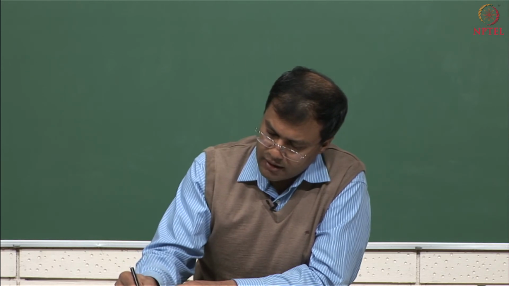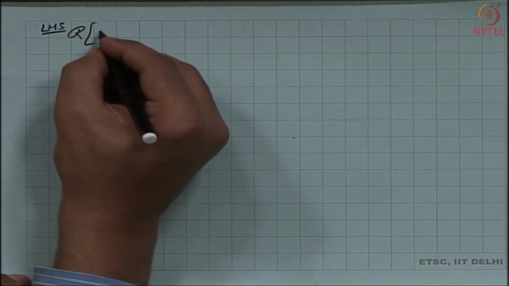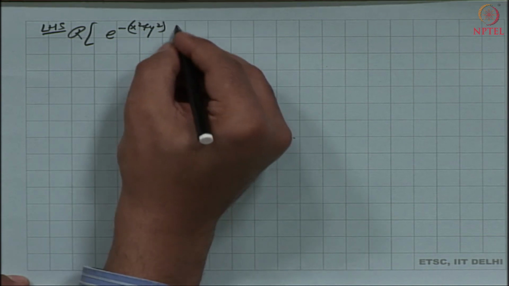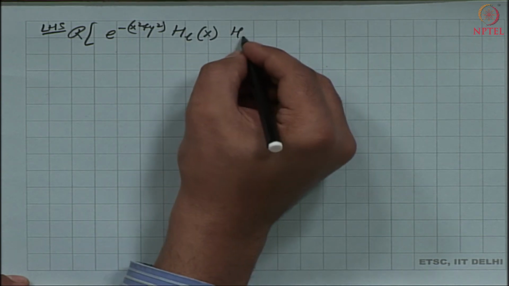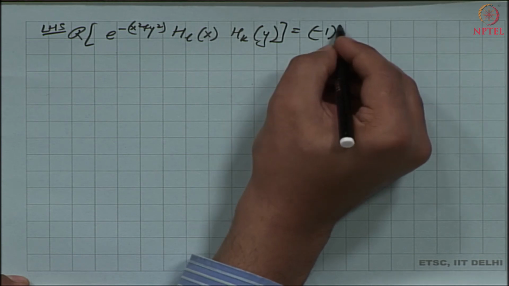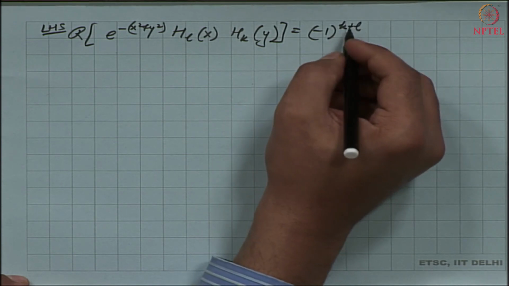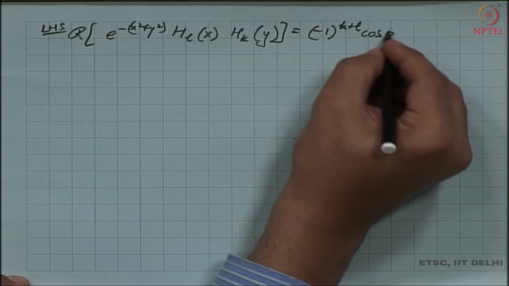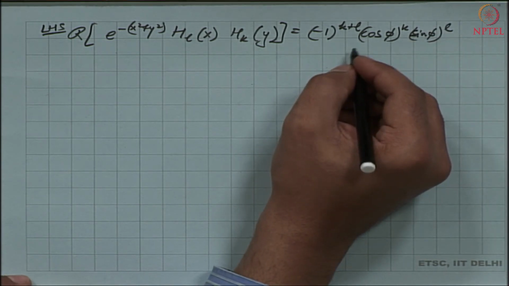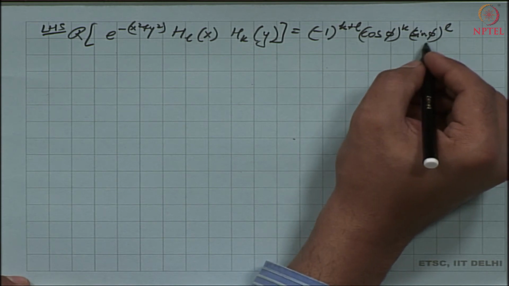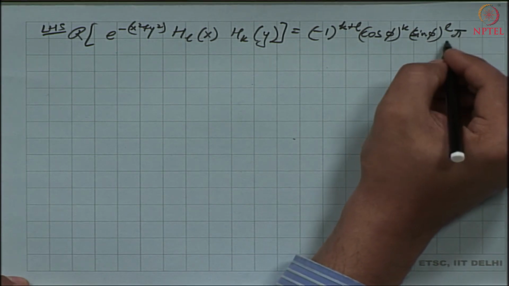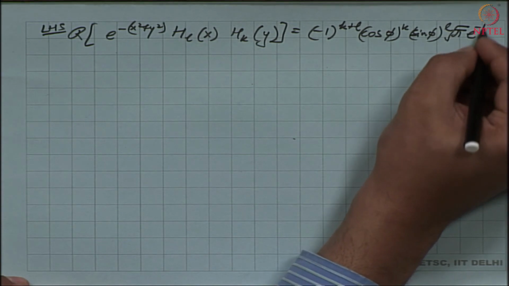I see that the Radon transform, that is my left hand side, the Radon transform of e to the power minus (x square plus y square) times H L of x, that is the product of the two Hermite polynomials H k of y, is negative 1 to the power k plus L times cos phi to the k, sin phi to the L times the Radon transform of the quantity e to the power minus (x square plus y square), and I write the result for that right away by evaluating the Radon transform, that is square root pi e to the power minus p square.